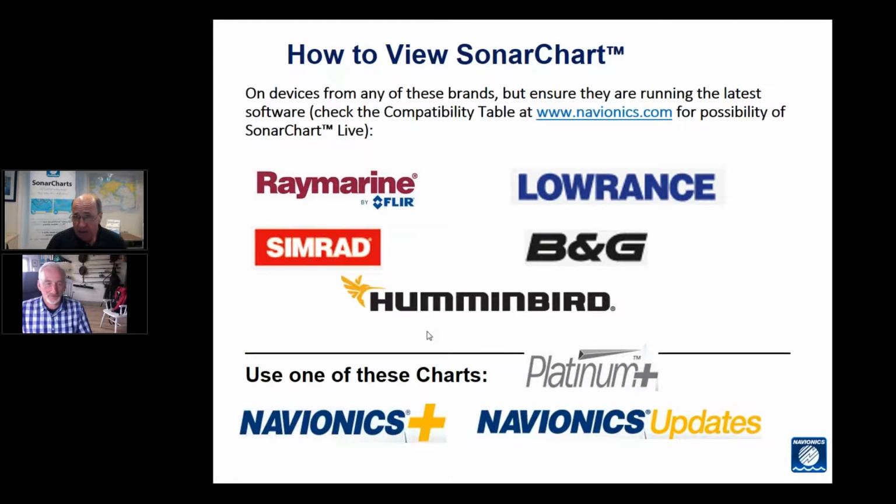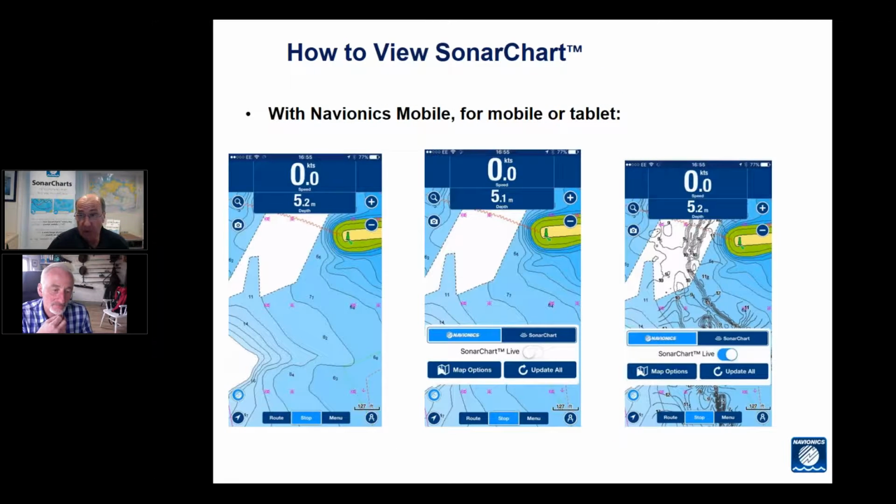So that's the second way of viewing charts. We looked at the web app, View SonarChart, of course, on your onboard device. And then you can view it as Tim has just shown. This is an image I took from my mobile, actually.